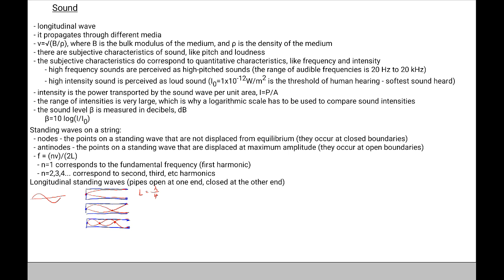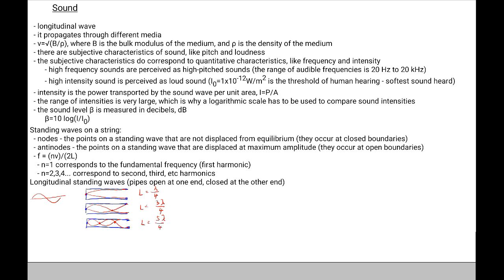Then for the second one, we're going up, back down, so that's this much, and then we're only going back to an antinode, so that would be here. So this is half a wavelength, and that's another quarter, so we have here L is 3 lambda over 4. You can probably guess that the next one will be 5 lambda over 4. So this is one full wavelength, and then that would be a quarter of the wavelength. So L is 5 lambda over 4.